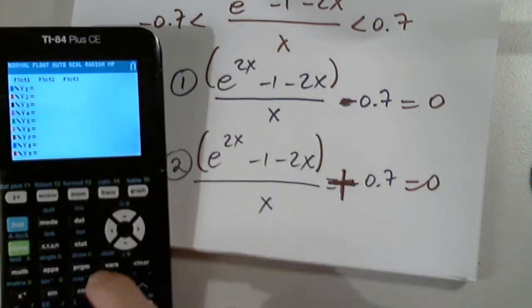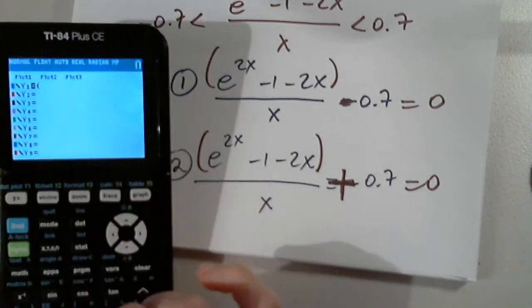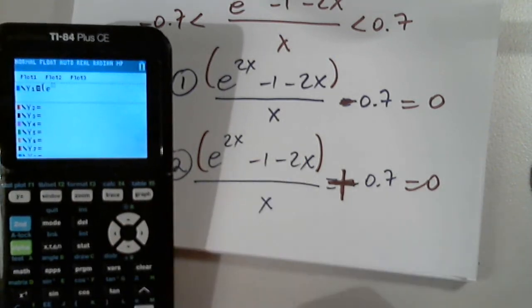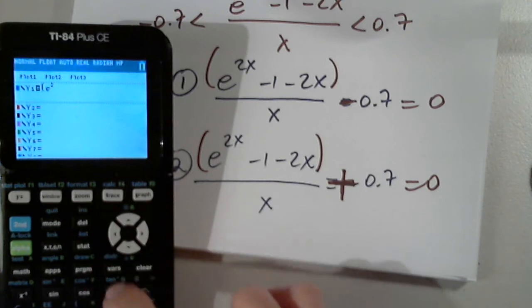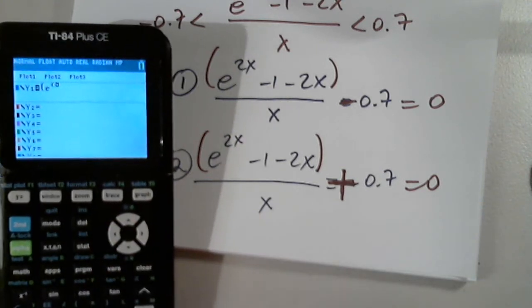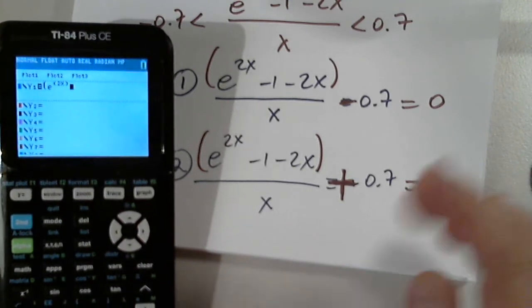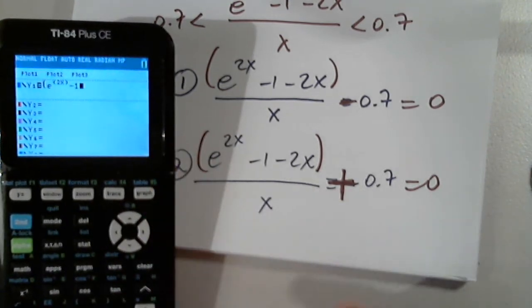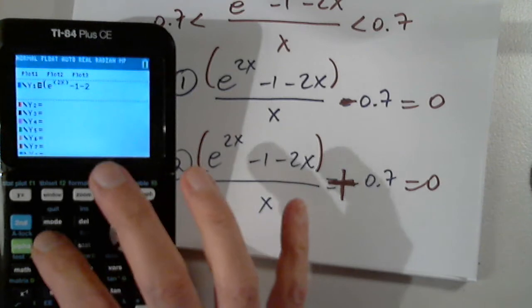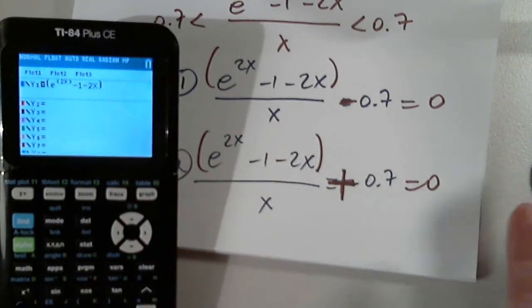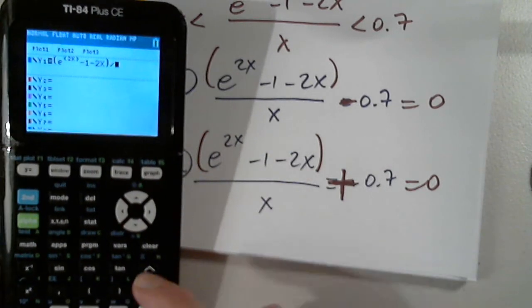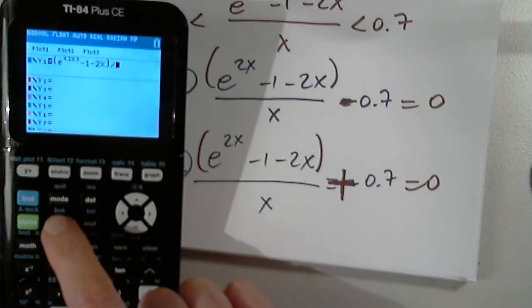So in y equals, I put the left parenthesis, e to the 2x, and you know me, I need parentheses everywhere. Depending on the type of calculator you have, this one does not require that many, but I don't know what type of calculator you have, so I have to be mindful of everyone.